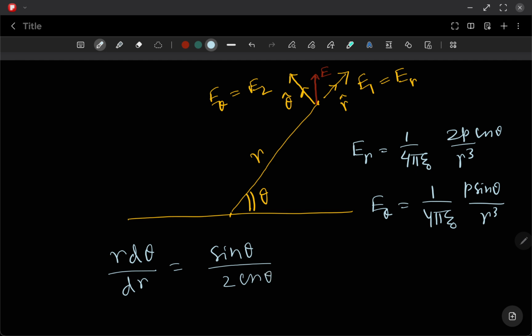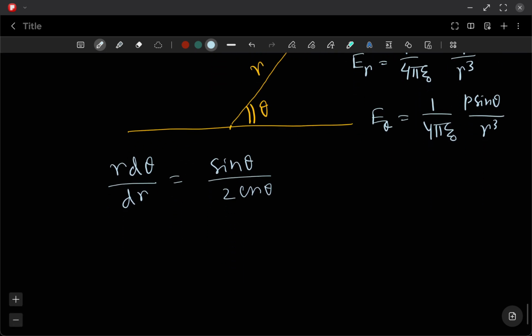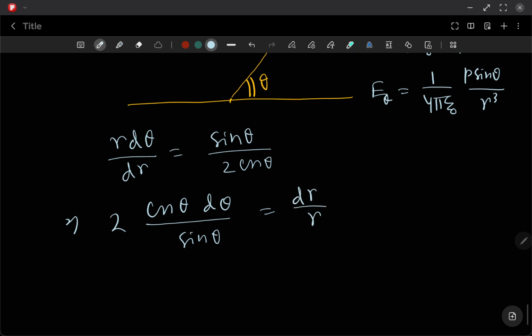So we can write cos theta d theta by sin theta equals dr by r, with the 2 put here.